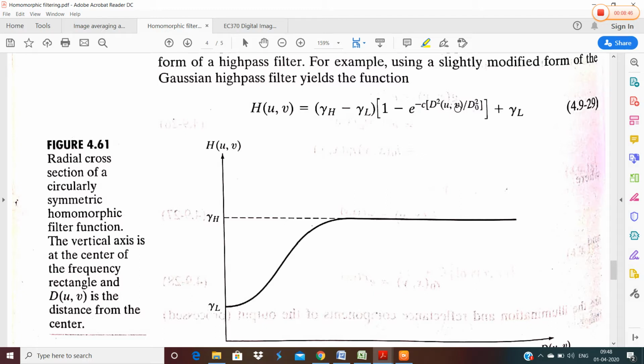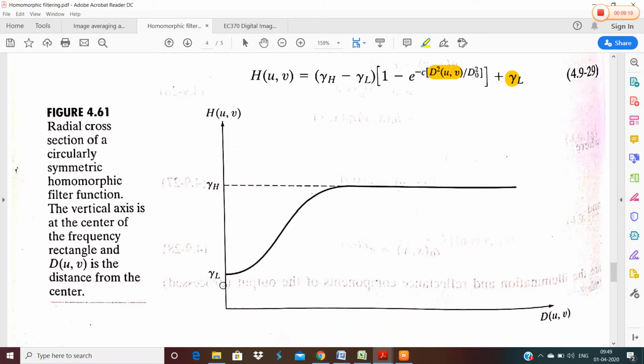This represents a frequency D. When D is equal to 0, you are at low frequency. So e raised to 0 means you have 1. So 1 minus 1 is 0. So this part is now 0. 0 into this part is 0. Remaining part is gamma L. So at D equal to 0, you have H of u comma v equal to gamma L.